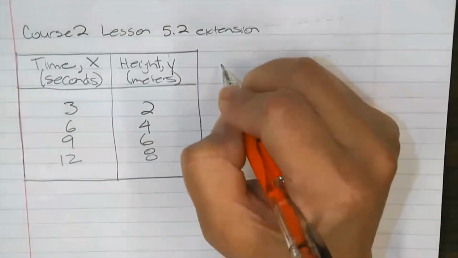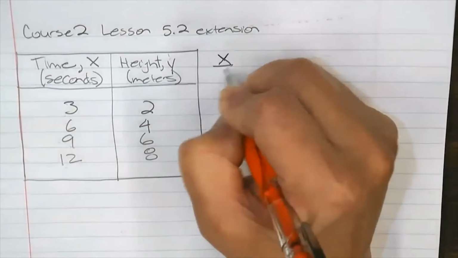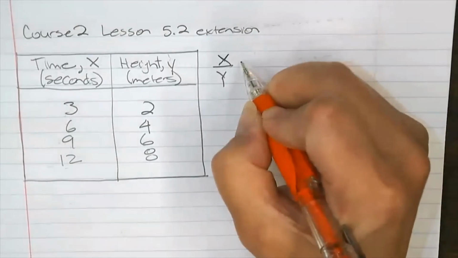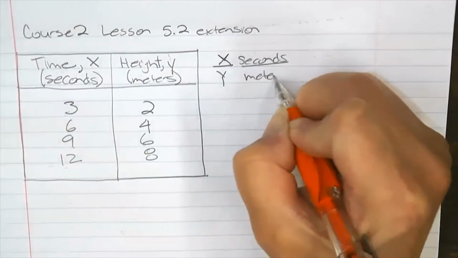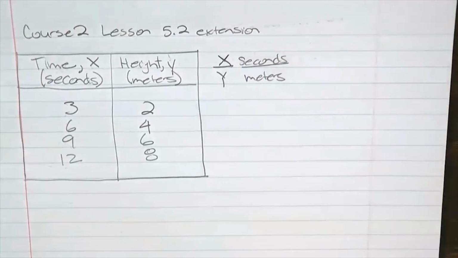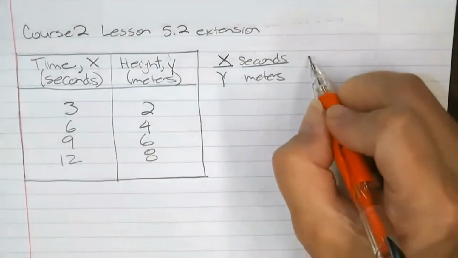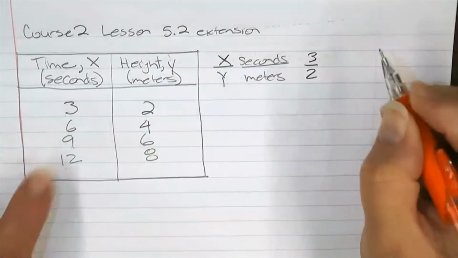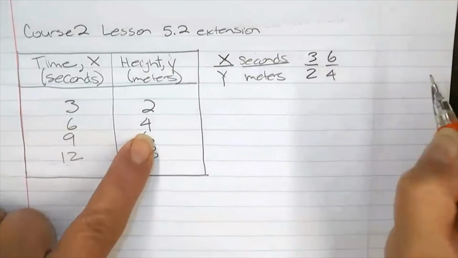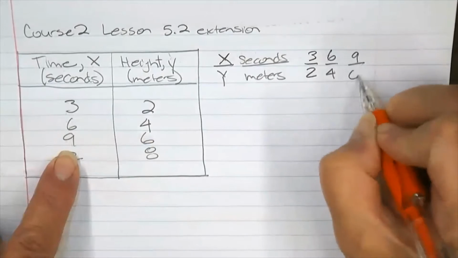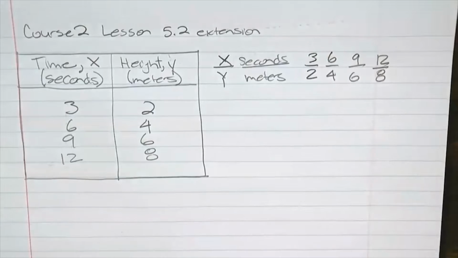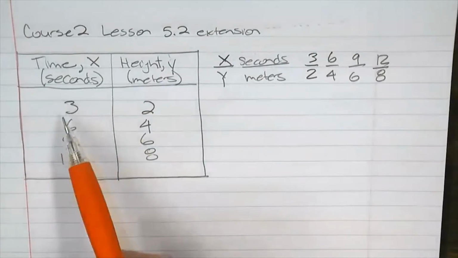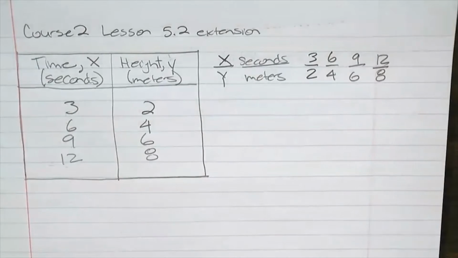Now, typically when we do that, we put X over Y. Seconds over meters. And here's our fractions. 3 over 2. 6 over 4. 9 over 6. And 12 over 8. So we took our ordered pairs, our X and Y's, and we turned them into fractions.